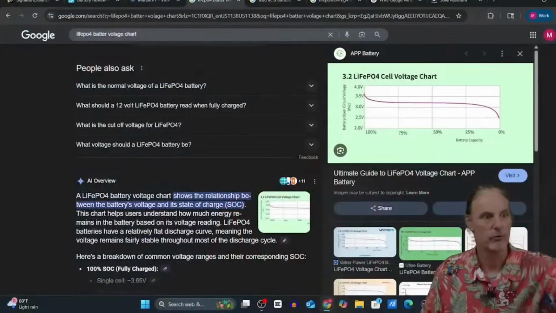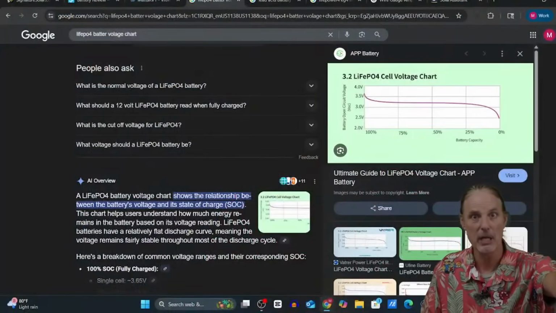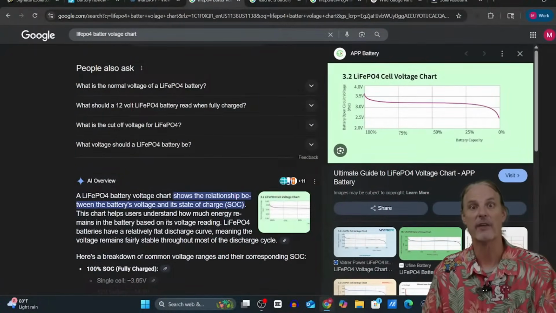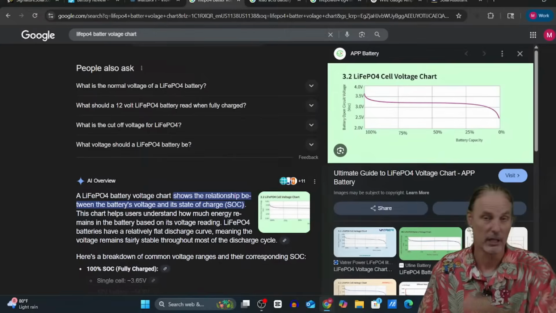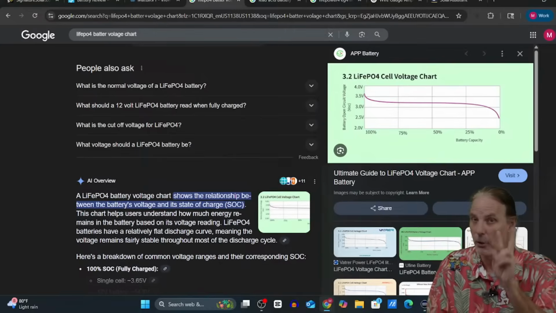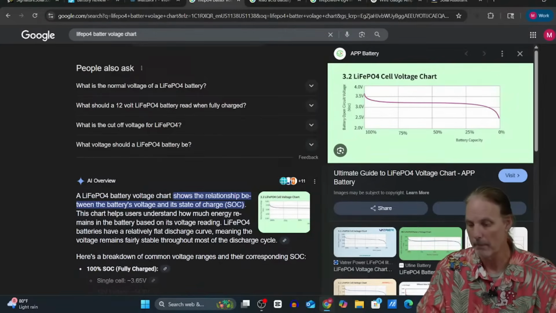This problem of it showing that huge drop when you first turn things on is very common when you have a bad connection somewhere. I'm not saying that is it. It could be as simple as that you have a bad connection. It could be a variety of things, but those are going to be your two most common problems.